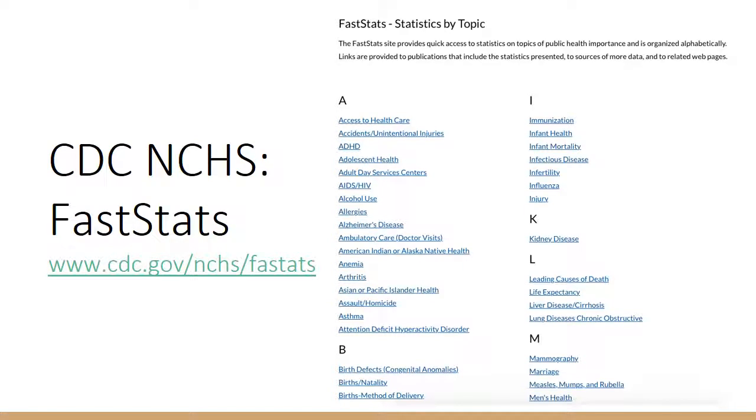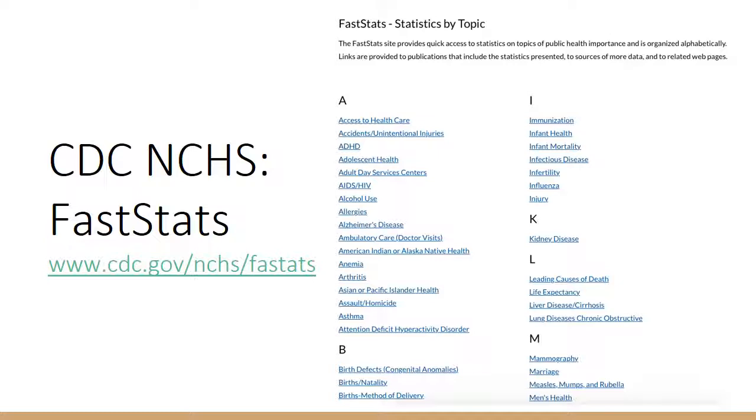If you're looking just for fast statistics, if you don't know much about a topic and you just need a refresher on something, you can go to the Fast Stats website. So it's through NCHS again on the CDC's website. And here I took a screenshot of just a few things.